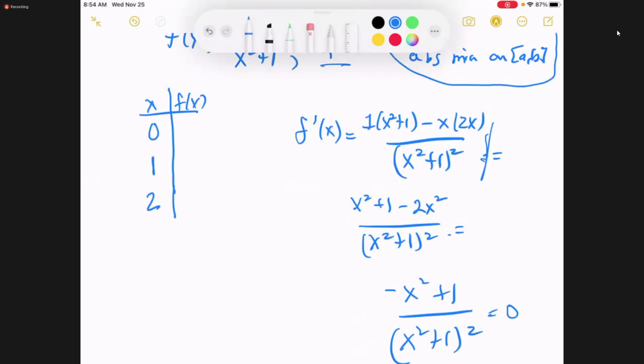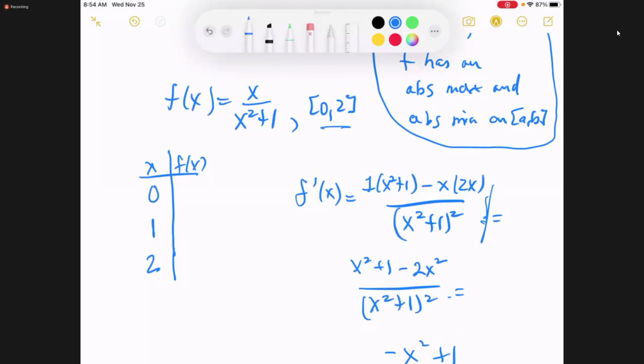And then all you have to do is evaluate your function. Okay, so f of 0 is 0. f of 1 is 1 over 2. And f of 2 is 2 over 5. Okay, so I have 3 numbers.